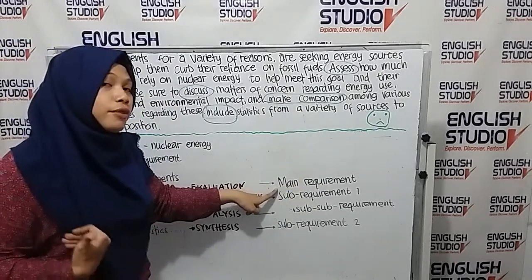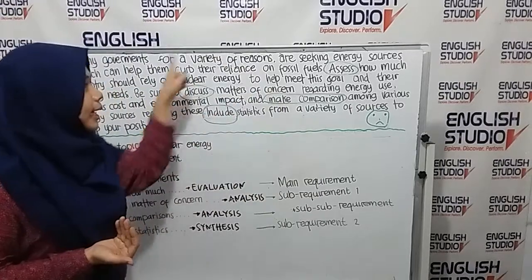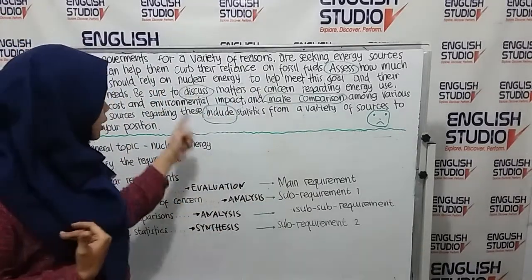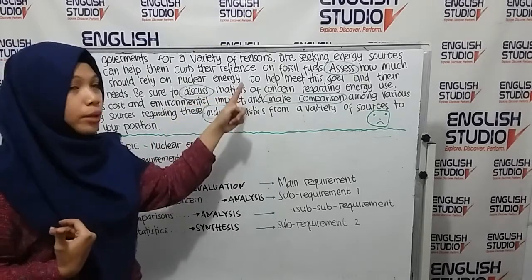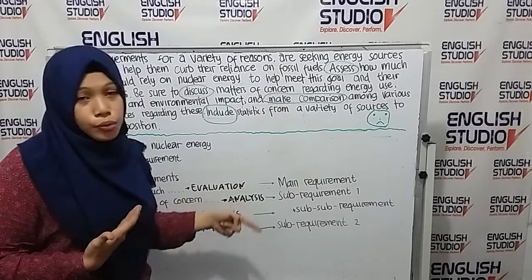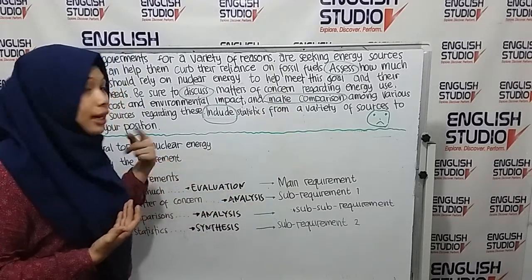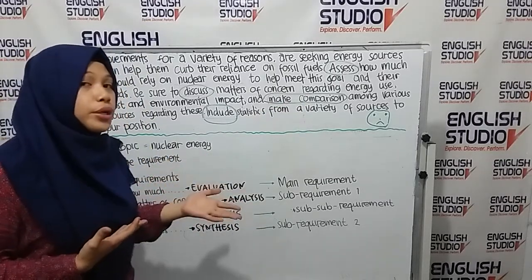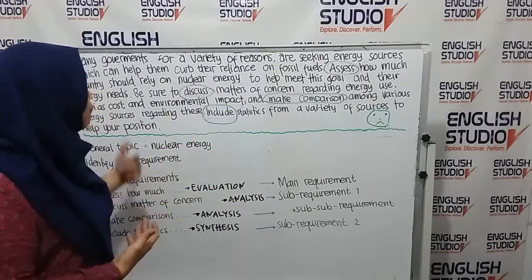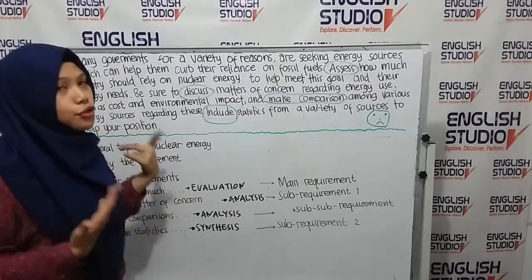This is the main focus of the writer in this essay. Then discuss matters of concern is sub-requirement 1, followed by make comparison as another sub-requirement, and the last, sub-requirement 2, is include statistics from a variety of sources to help your position.